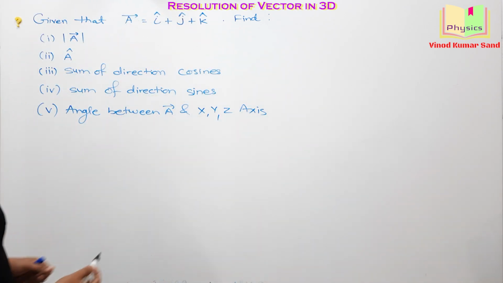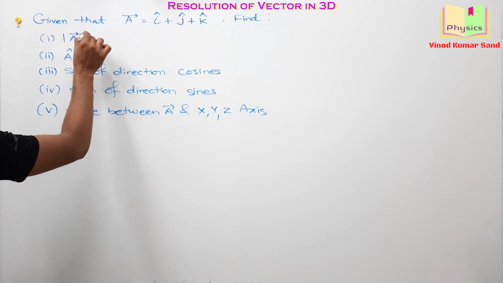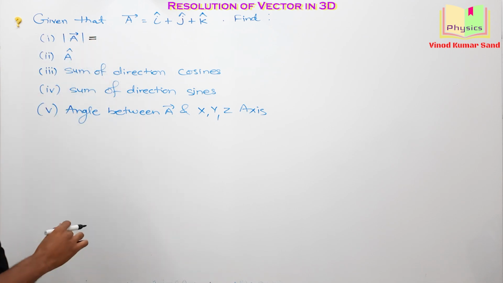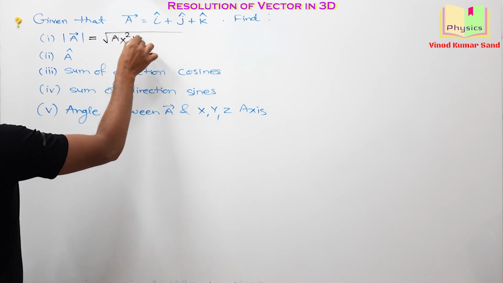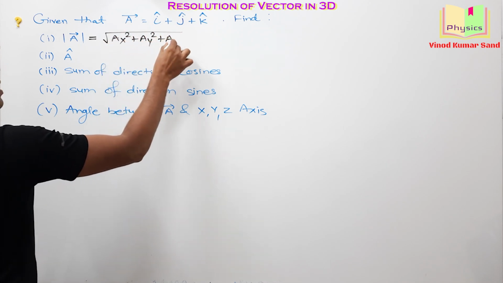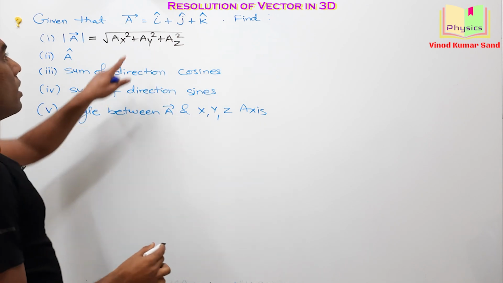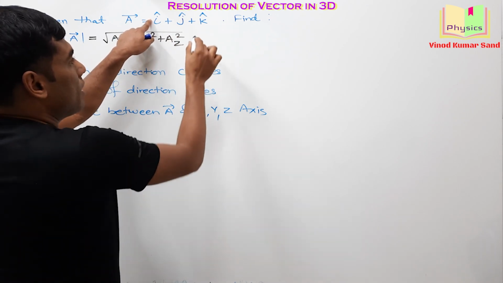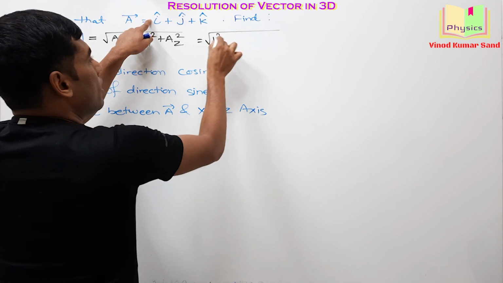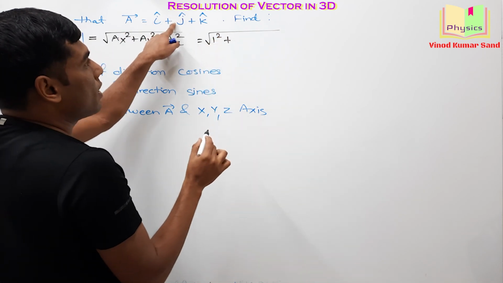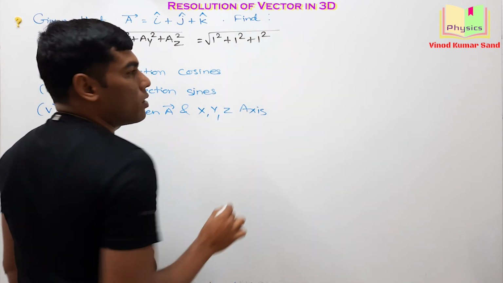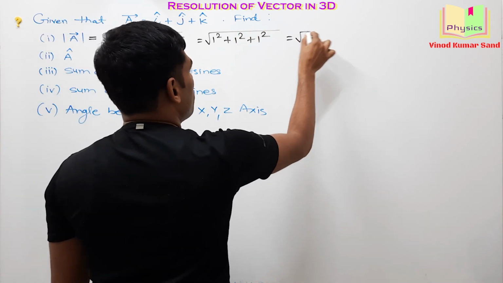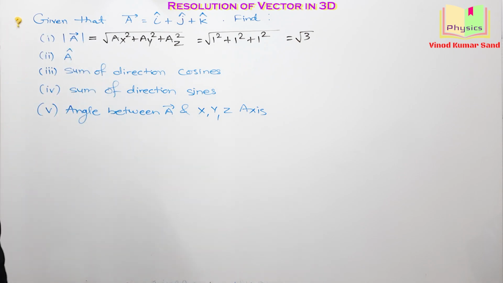First of all, we need the magnitude of A vector. You remember the formula? Root of AX square plus AY square plus AZ square. The x component has the magnitude 1, the y component has the magnitude 1, and the z component also has the magnitude 1. So this will be root 3. Pretty simple answer. The next thing is A cap.